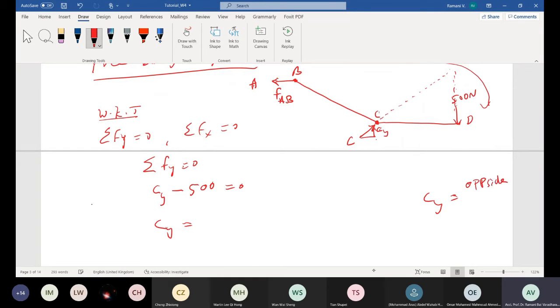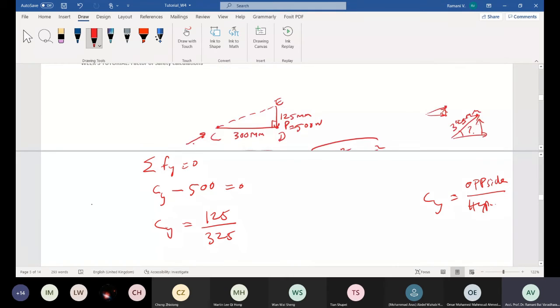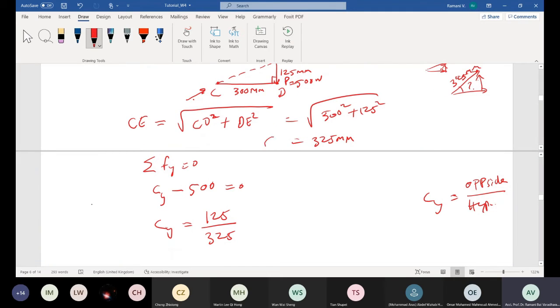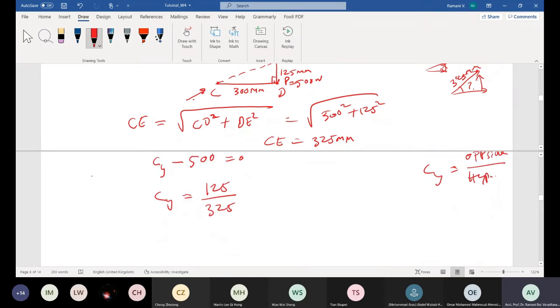Opposite side by hypotenuse, right? So the opposite side is 125 divided by, what is the hypotenuse value? 325. We already found out in this section, right? Just now we found out CE. CE we already found out. So it will be 125 divided by 325.